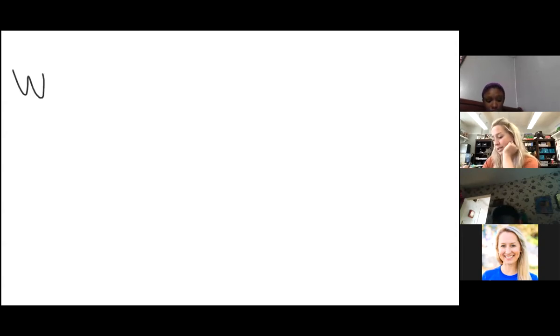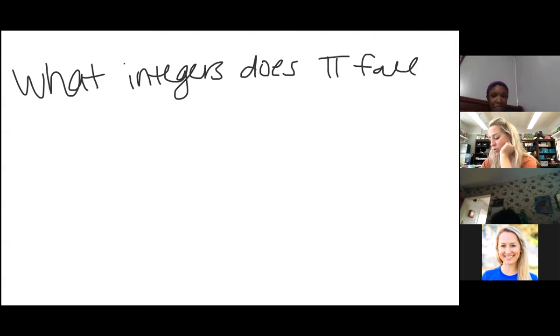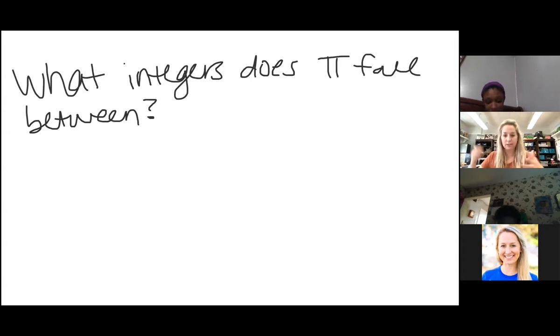What integers does pi fall between? Feel free to write the question down. When I mean what integers, I mean what two whole numbers, positive or negative, but they'd obviously be positive.